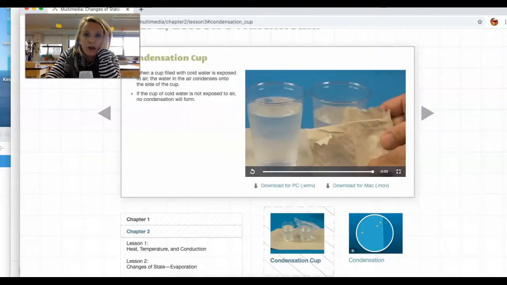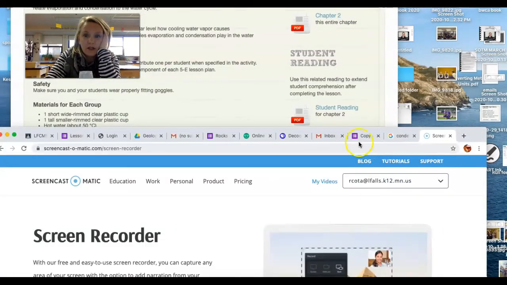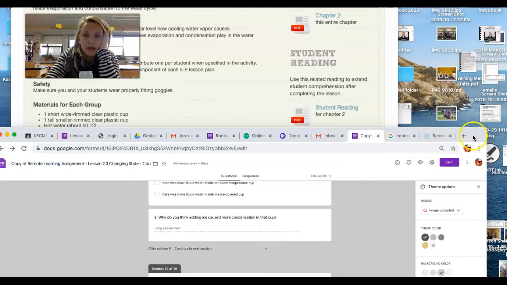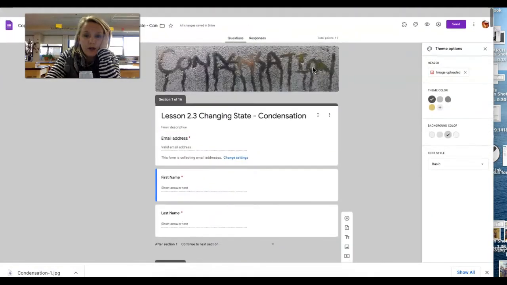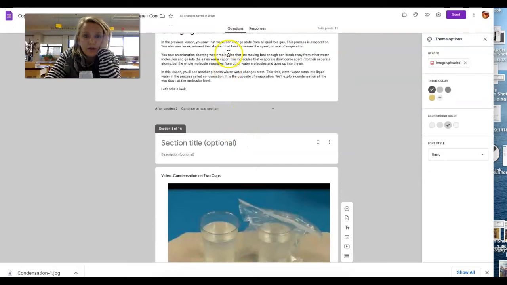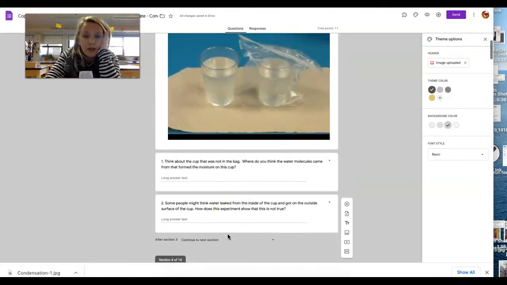Alrighty, well, what you've got today is another Google form with some lab questions on it. See if I can find where that is. Here it is. So I'll have that posted. You're just going to walk through, doing a little bit of reading, watching some animations of some of the things that I just did.